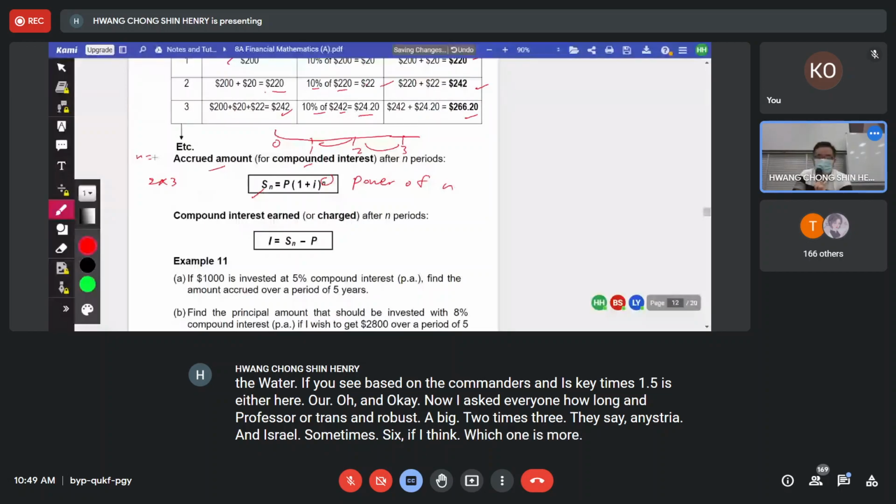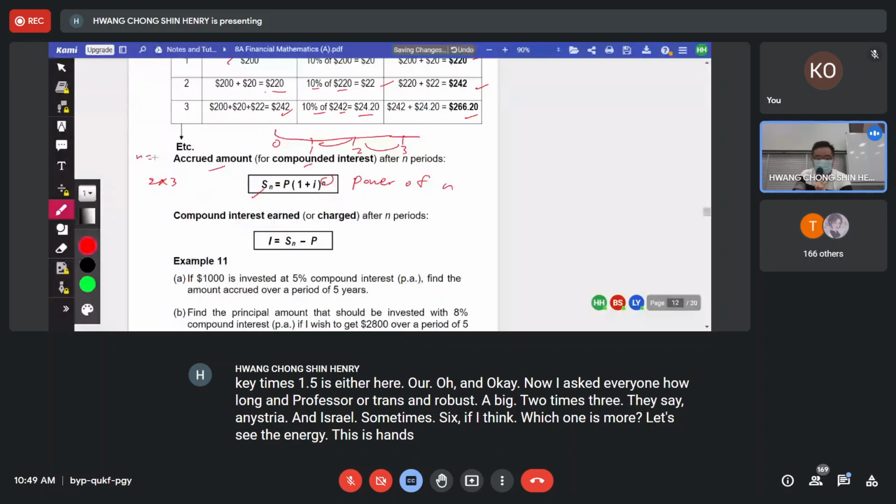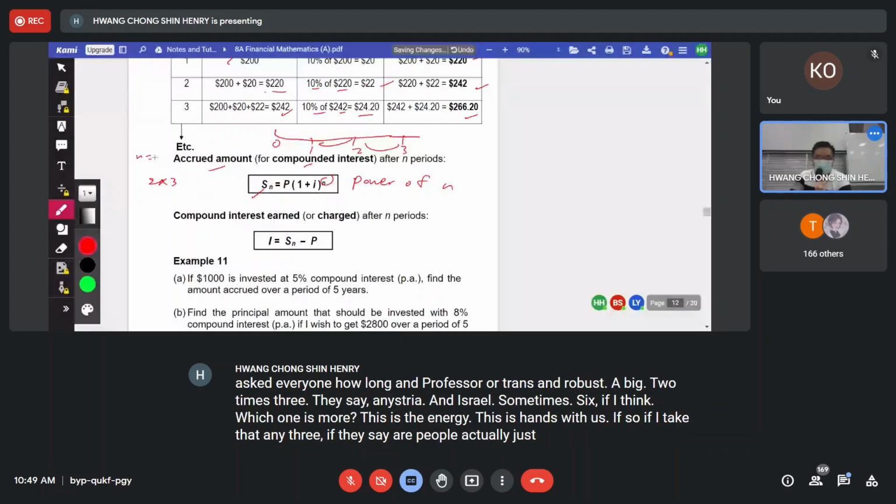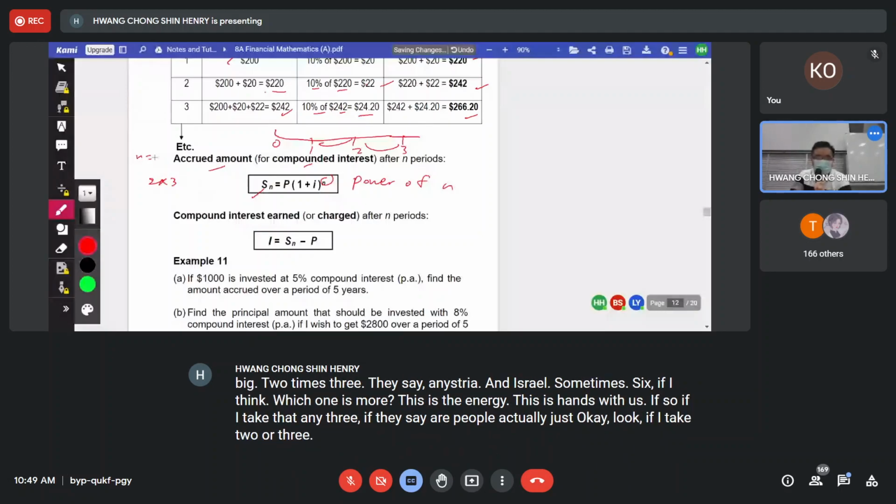Simple interest is P times I times N. So if N is 3 years, 2 times 3 is 6, while 2 to the power 3 gives 8. So which one goes faster? Of course, the power. If N is 5, 2 times 5 is 10, and 2 to the power 5 is 32.